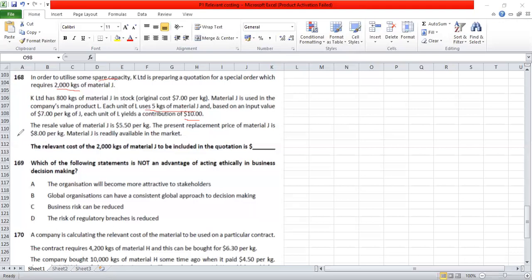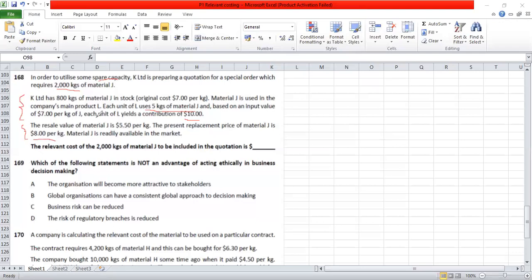Can any part of this paragraph be considered a relevant cost? That is what has to be looked into. Think about it. Then the last paragraph talks about the resale value of material J, 5.50 per kg, and the present replacement price of material J, 8 per kg.